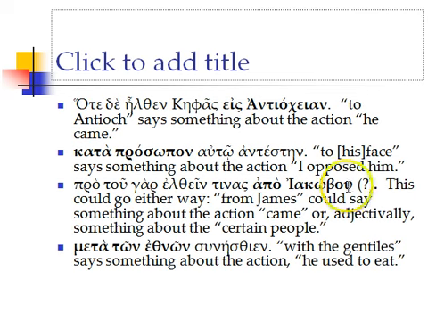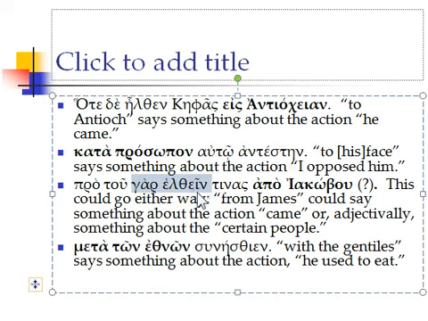This third example could go either way. The prepositional phrase apo Iakobou, from James, could say something about the action, elthein, came, or it could say something about the people, tinas, certain people, certain ones. What people? People from James. Or does from James say something about the coming?